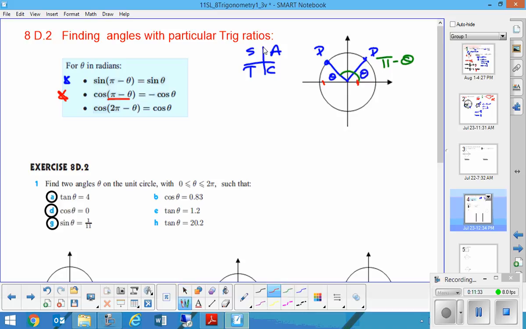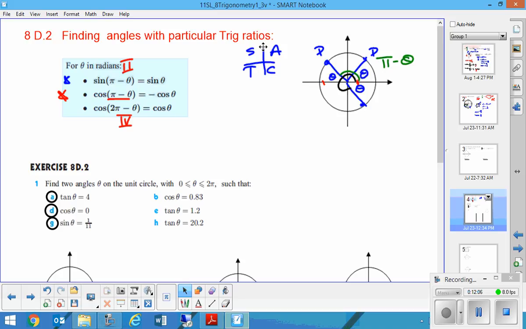In this case we've got quadrant 2, whereas down here in the third one, we're doing cos of 2 pi minus theta. That's talking about which quadrant? Quadrant 4. So we're looking at our point down here. So that comes back to there. There's our theta. So 2 pi minus theta is going to be all the way round to there.